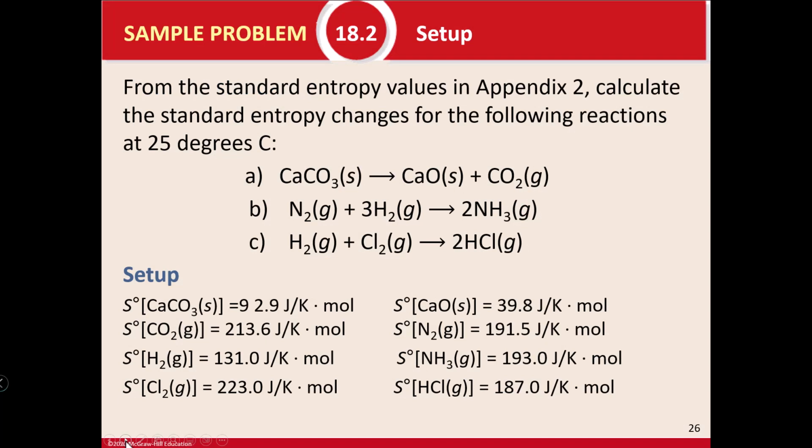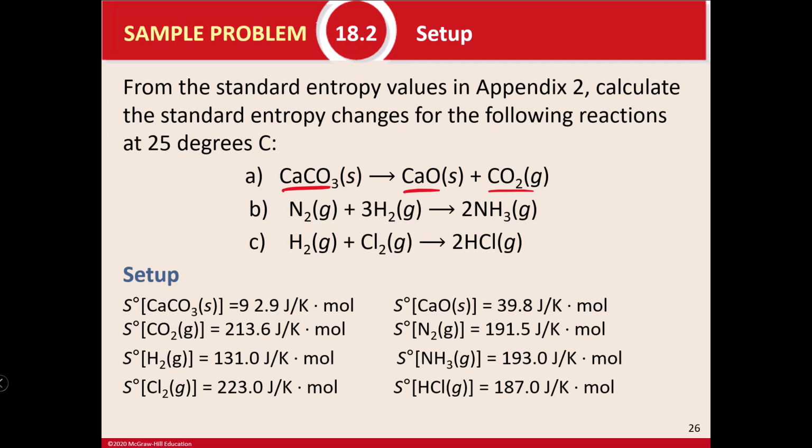All right, so it says from the standard entropy values in Appendix 2. When you're doing these problems in your homework, you may have to look at Appendix 2 in your book. You can search for that, look at that hamburger menu, and when you get into the book, click on the appendix and it'll have enthalpies and entropies. So all you're going to do here is look up the entropies of your reactants and your products.